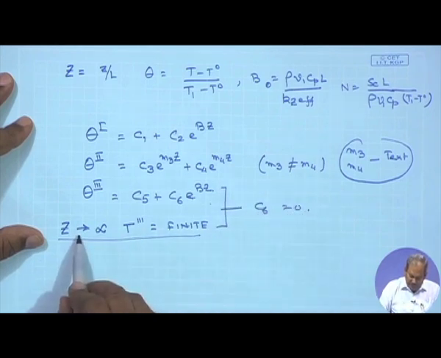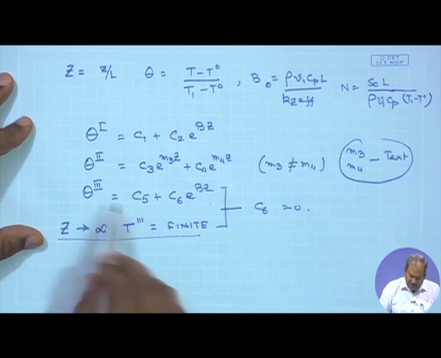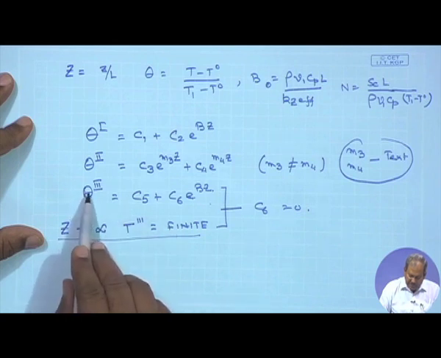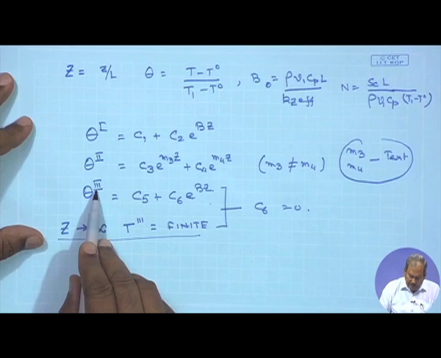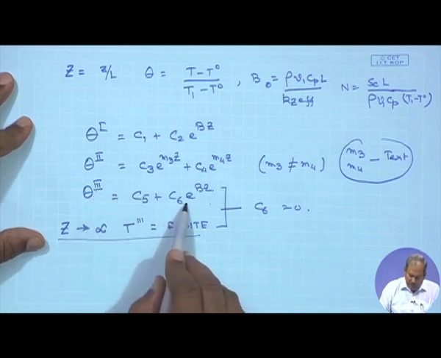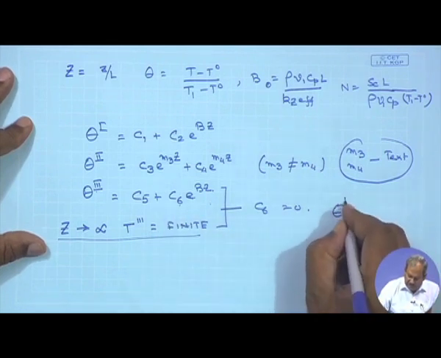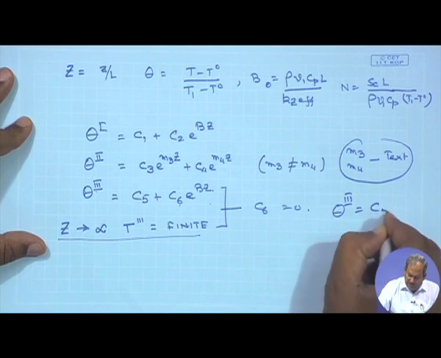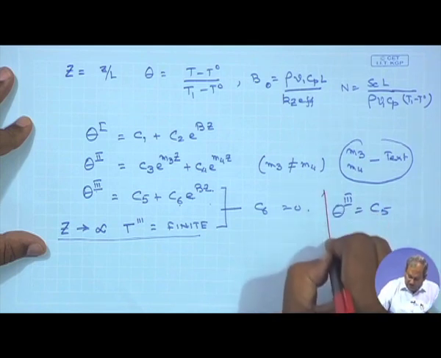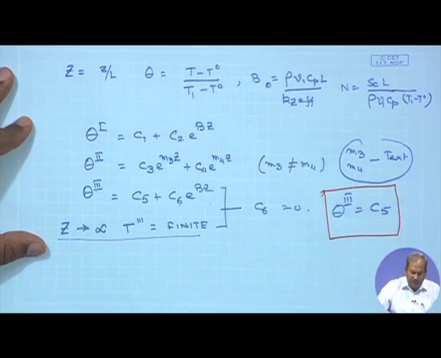In order for the dimensionless temperature of the reacting mixture in zone 3 to be finite, C6 has to be equal to 0, which gives you theta 3 is equal to a constant. So, this is the first observation, even without solving it, which you can write.